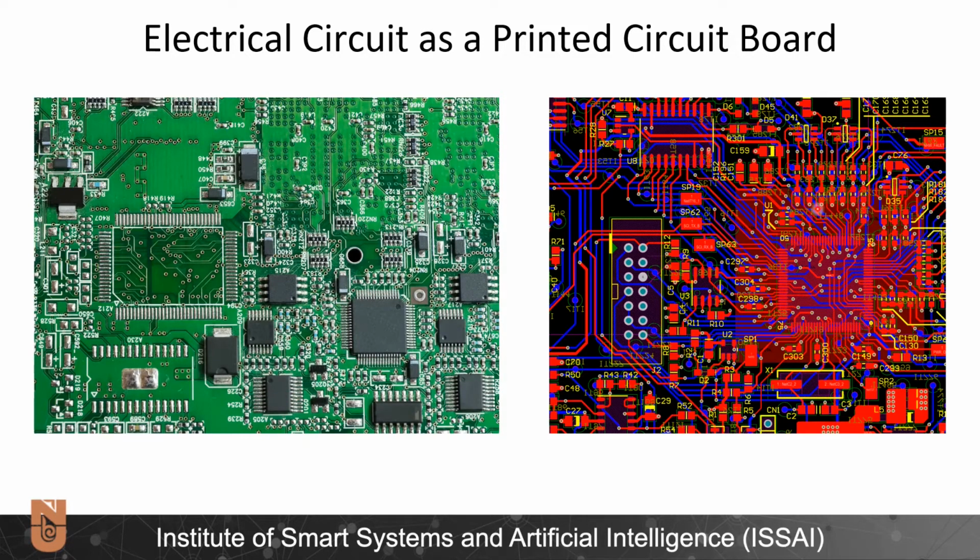And on the right side, we see the corresponding circuit schematic in the software. These printed circuit boards consist of multiple layers, and that way allow lots of components to fit in a dense manner into a small area.